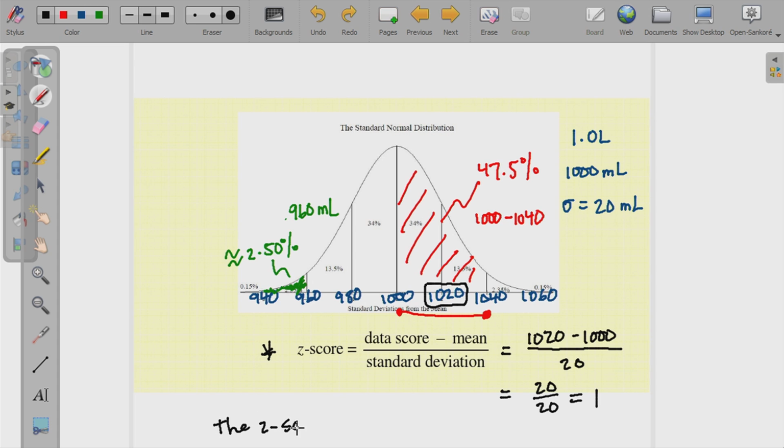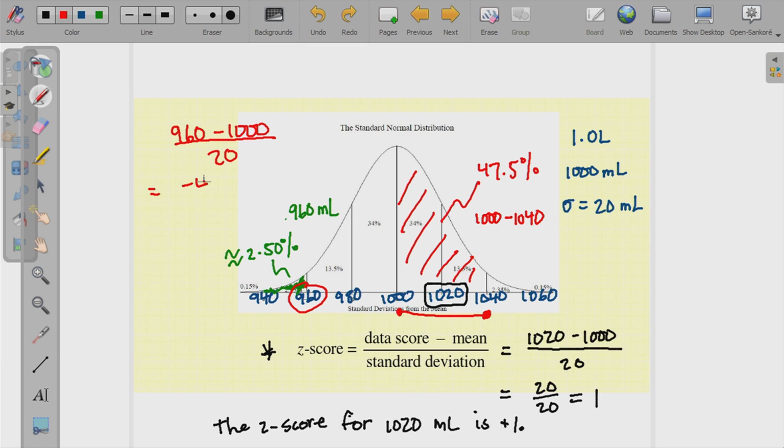If I were to go down, for example, to 960, that is going to be 960 minus 1,000 over 20, which gives me -40 over 20, or -2.